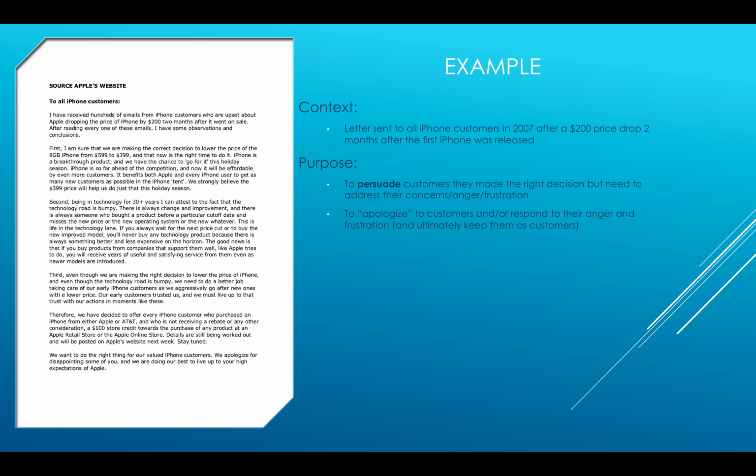It's read as kind of an apology to the customers, but it's certainly a response to their anger and frustration. So that's the context and purpose of this piece of rhetoric.